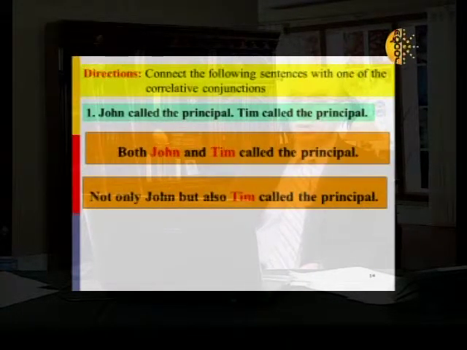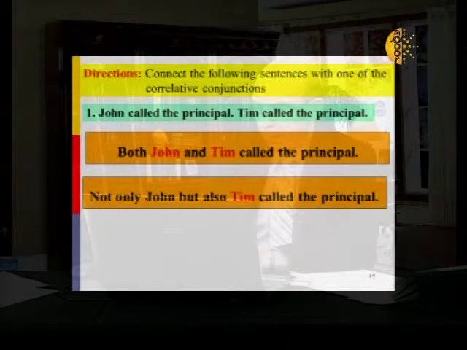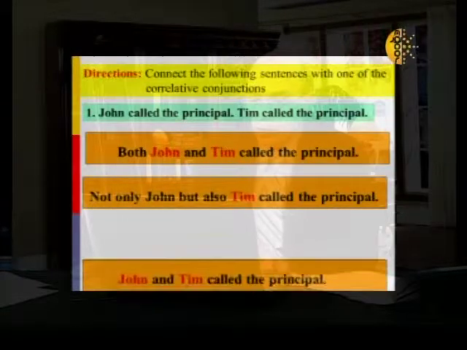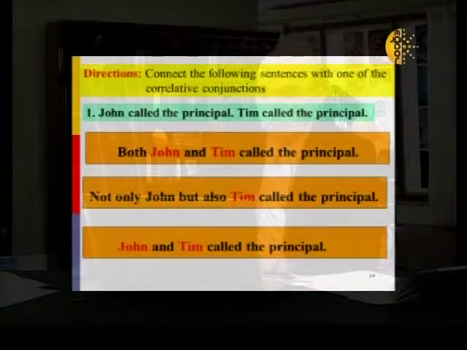After both you have a noun, and after and you have a noun. So these conjunctions need to be followed by exactly the same part of speech or the same phrase and same clause. You can also connect these sentences with just a conjunction. And that will be John and Tim called the principal. Okay? So it's possible to connect these sentences in three different ways.